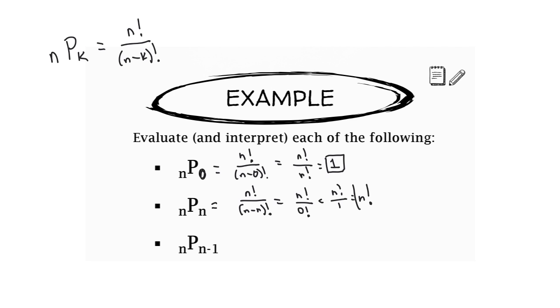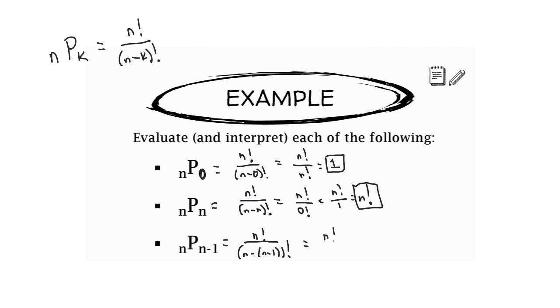And if we interpret that, then we're saying there's n things. If you select all of them, the number of ways they can be rearranged is n factorial. And we already knew that. And the last one, maybe this is the most surprising. If I take n factorial and I divide by the difference, now be careful with the difference here, because it's n minus the quantity n minus 1 factorial.